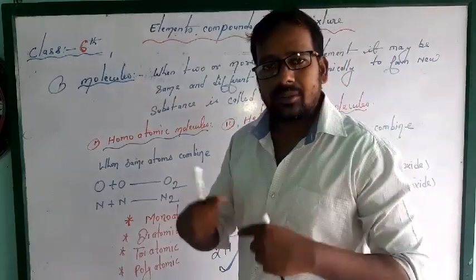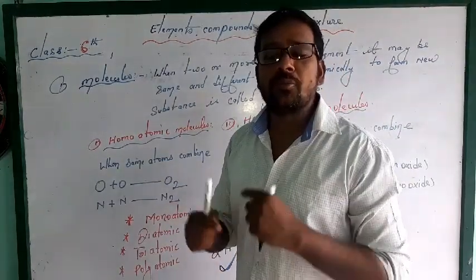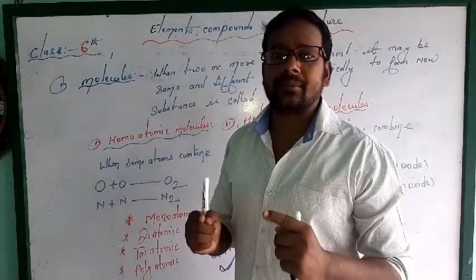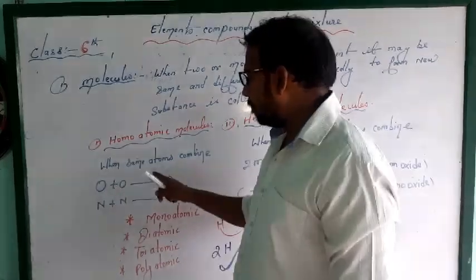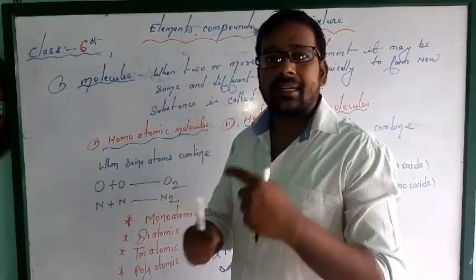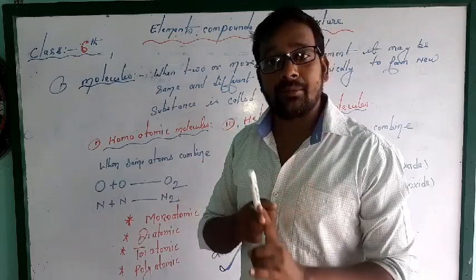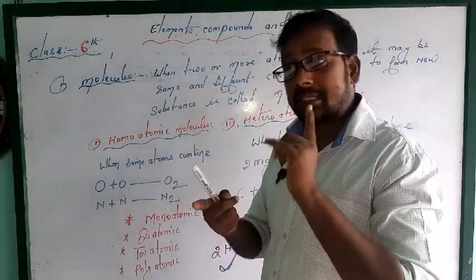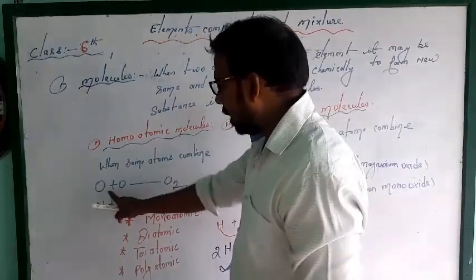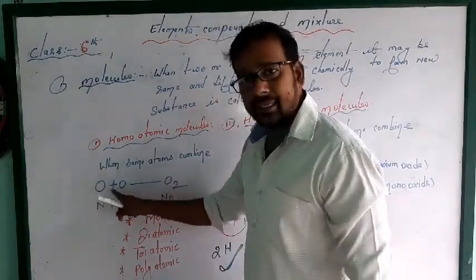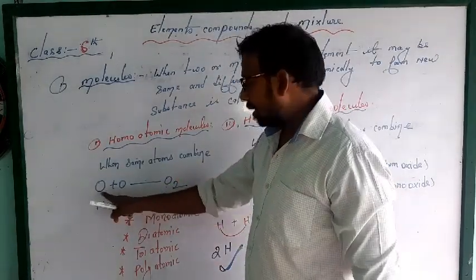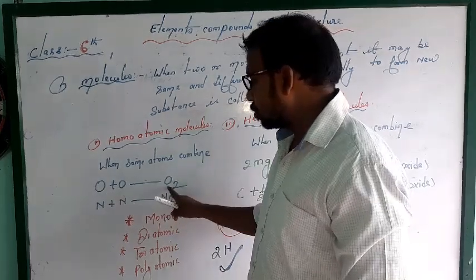Homo, it is clear from the name. Homo means from the same atom. When molecules form by combining two same atoms of the same element. Suppose O plus O, both are the same atom from the same element, combine chemically and produce an O2 molecule.